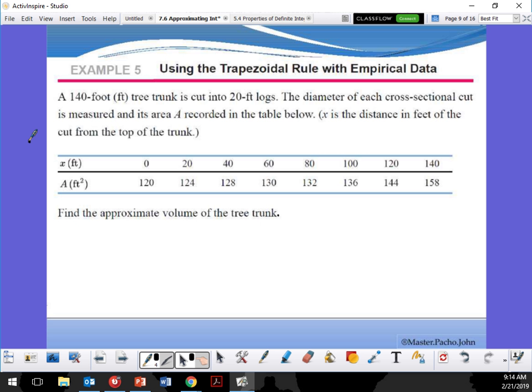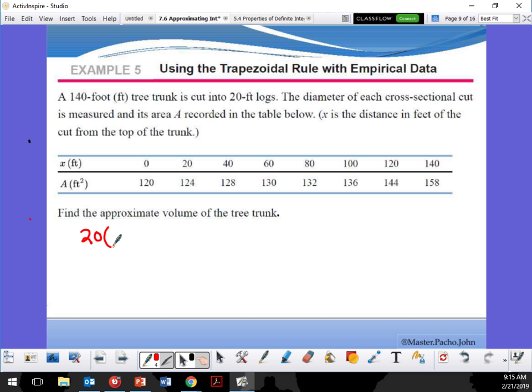So we're going to go ahead and do this. Right here, recorded, find approximate volume of. What is my delta x here? It's going to be 20, right? So 20 is my delta x, so it's going to be 20 times... Remember, that was the height when we talked about the trap rule, the delta x is the height, right?